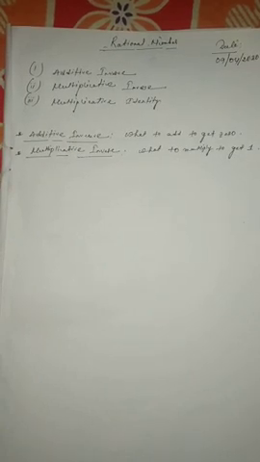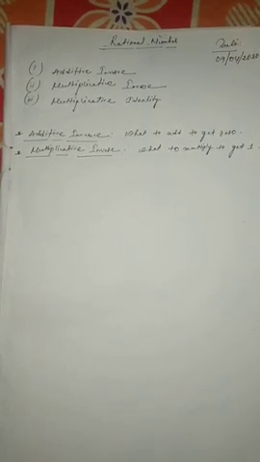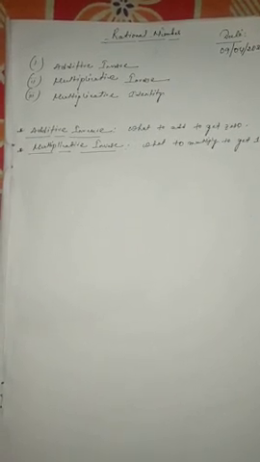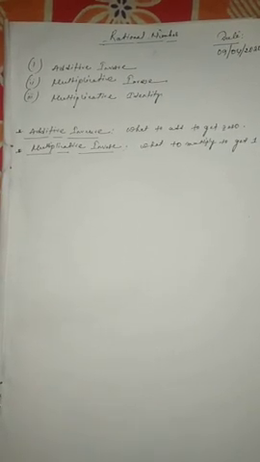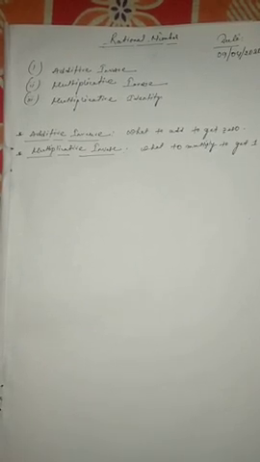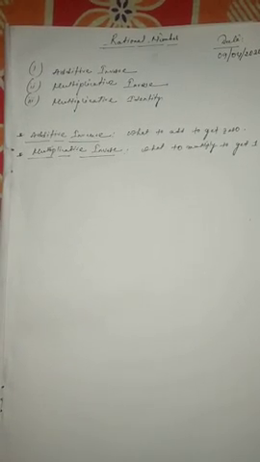We will be starting with the first concept, that is additive inverse. What is additive inverse? The definition is to be known. Additive inverse means: with a number, what is to be added to get 0? We are imagining a number to be added with that particular number in order to get 0.